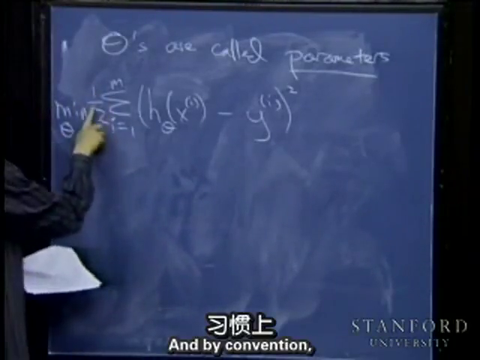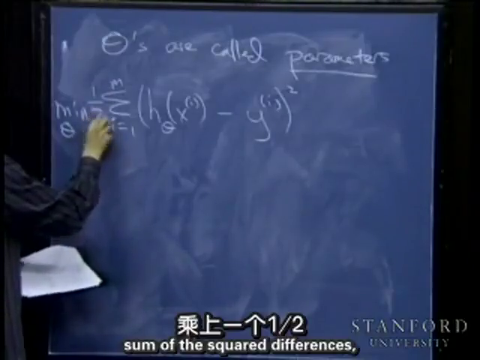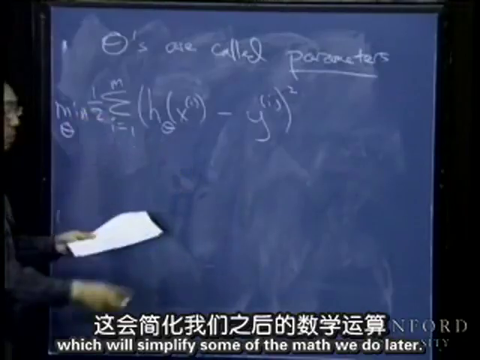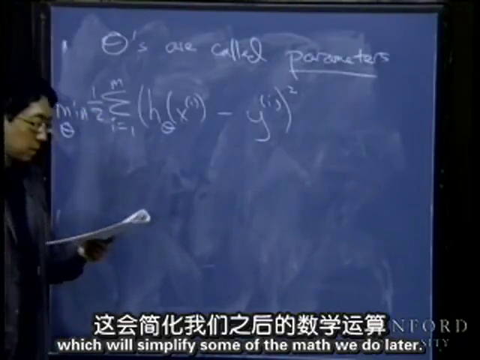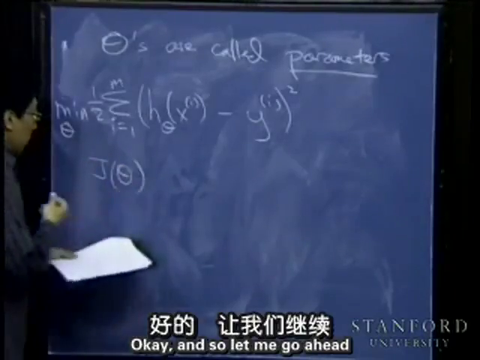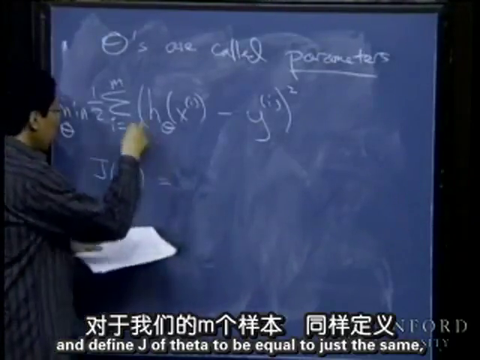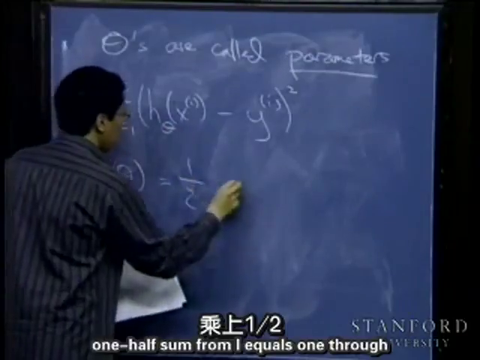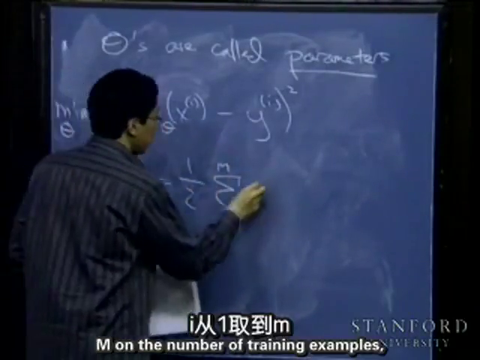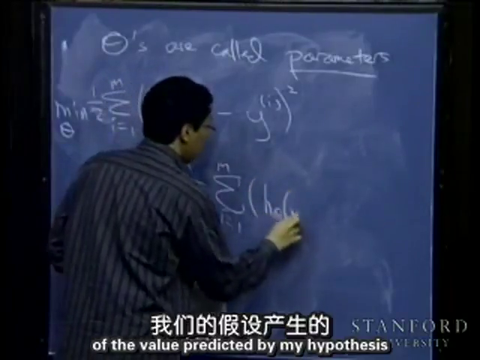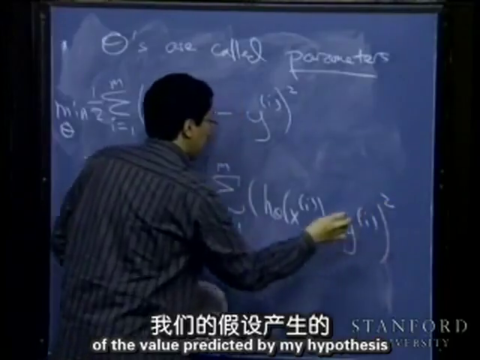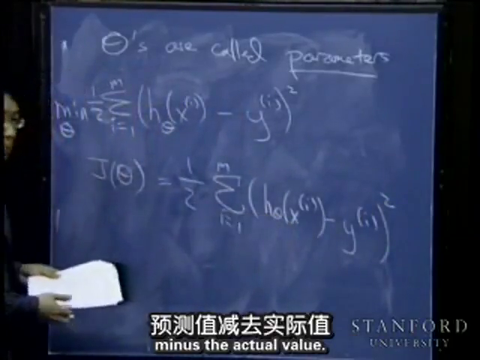And by convention, instead of minimizing this sum of squared differences, I'm just going to put a 1/2 there, which will simplify some of the math we do later. Okay? And so, let me go ahead and define J of theta to be equal to just this thing, 1/2 sum from i equals 1 through m, our number of training examples, of the value predicted by my hypothesis minus the actual value.